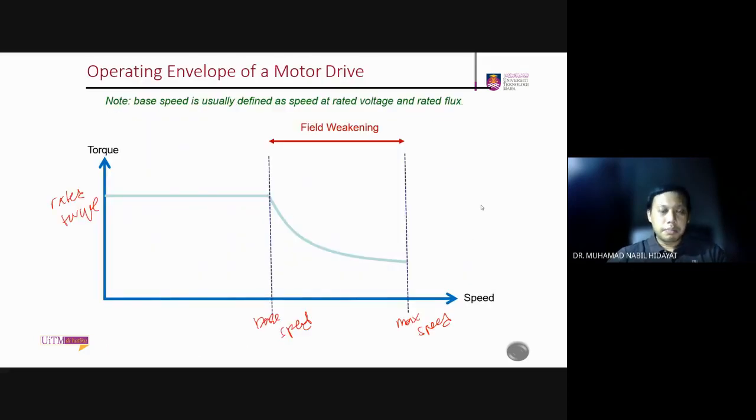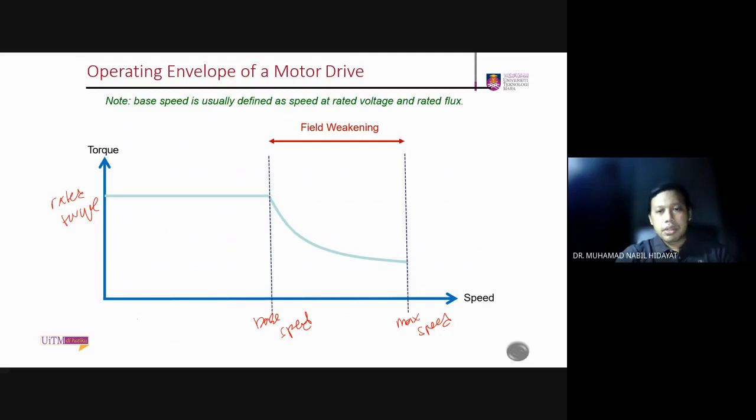So, for example, in a motor drive, you can see here your torque will have a rated torque. Rated torque will reach until the base speed. So base speed is within the maximum torque that you can apply.